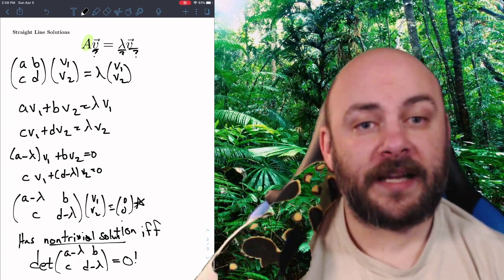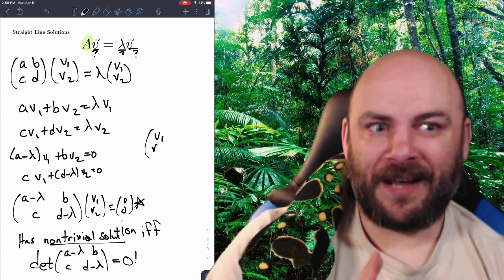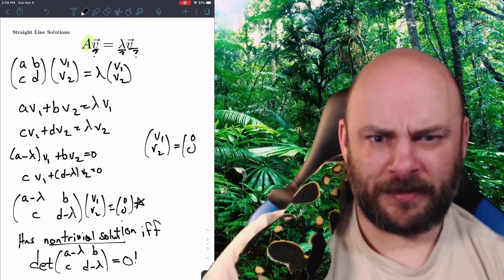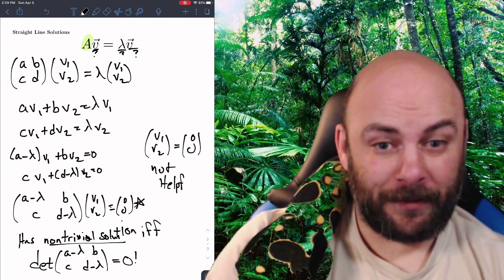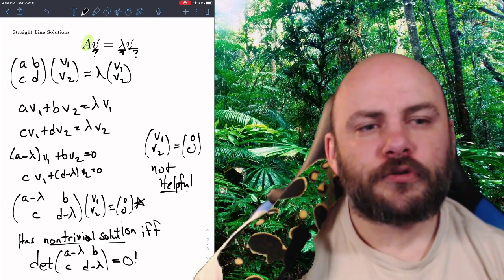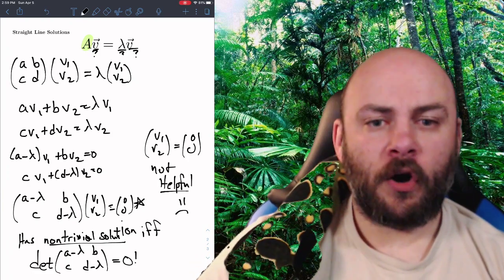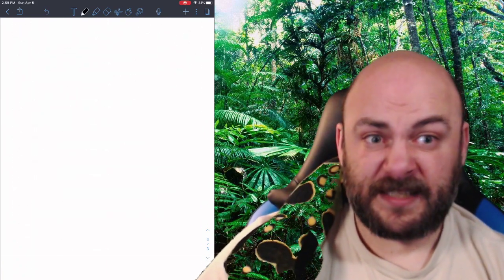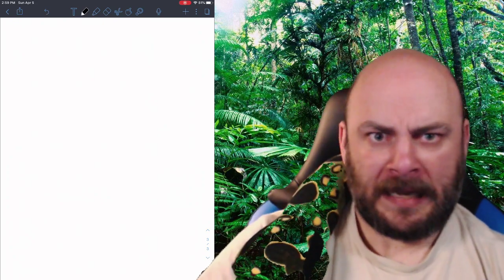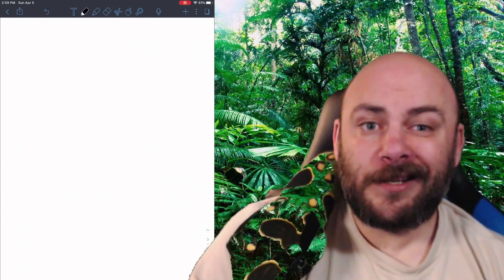Because remember, when we were looking at equilibria, we liked when we only have a trivial equilibrium. When we have non-trivial ones, we have a whole line. Well, the trivial solution would be the vector V1, V2 being the 0 vector. That's not helpful. There's no information in there. All this is saying is that if you start out with nothing and you transform it, that's the exact same thing as multiplying that nothing by any number. And that's not a useful thing.